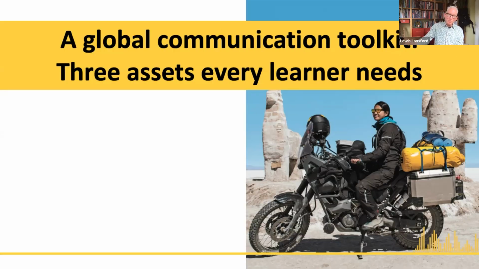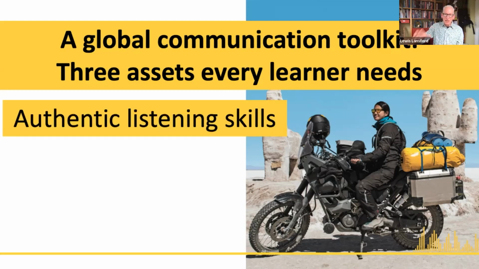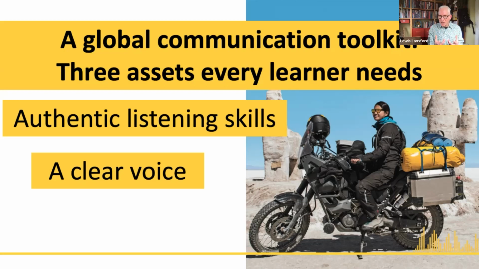All right, that wraps it up. I feel like that was almost a bit breathless, but the three assets in my suggested global communication toolkit are the authentic listening skills we spoke about at the beginning, engaging with accents, engaging with pronunciation for listening, developing a clear voice, which means taking ownership of English and using it as your own, embracing your own accent, and also focusing on not copying some other accent in a textbook, but working on the pronunciation skills that make you easy to understand.